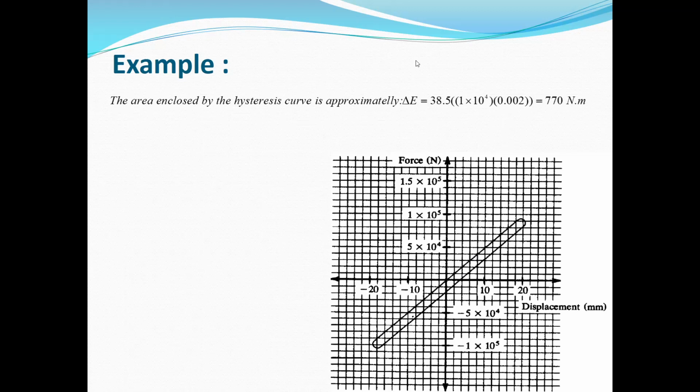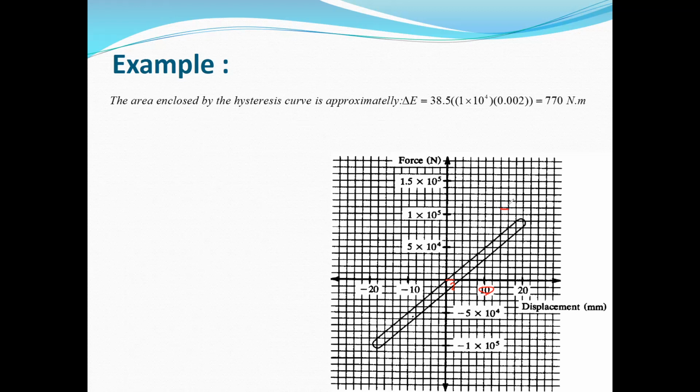To find the area of each square, the horizontal edge is 2 millimeter, because here we have 10, and if you count, it will be 2, 4, 6, 8, and 10.